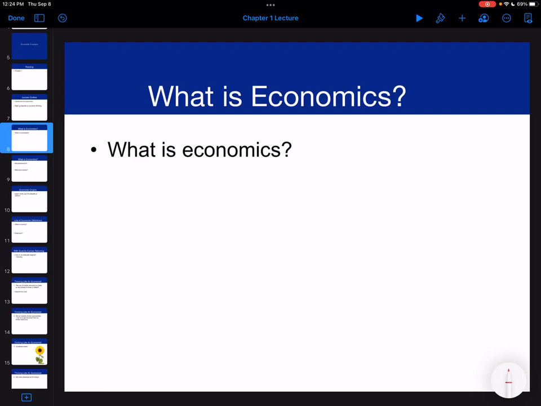If you look in our textbook, or pretty much any economics textbook for that matter, you're going to see a definition that basically goes like this.